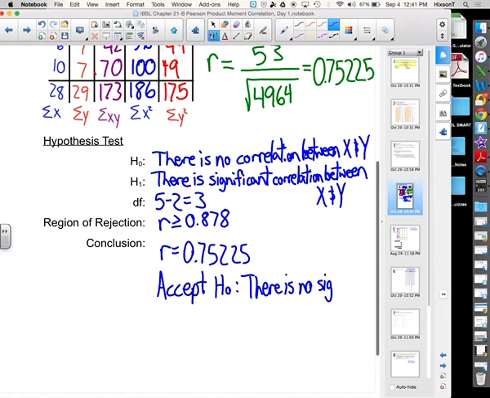And yes, you should write out your conclusion. Communicate. There's no significant correlation between X and Y.